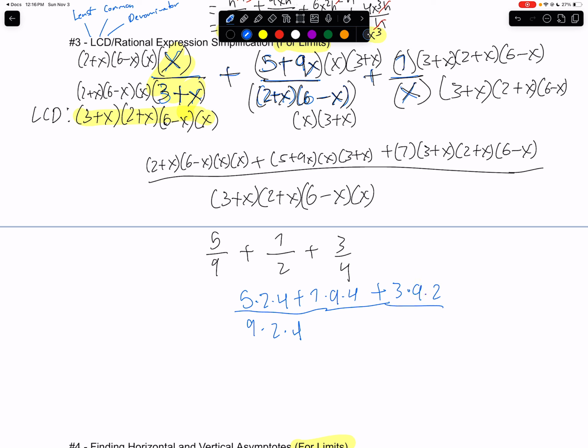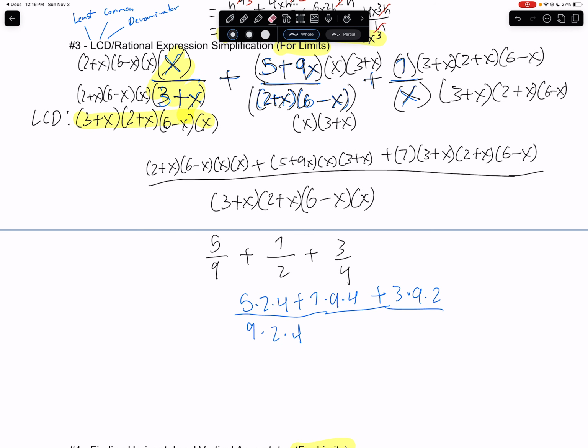It's the same type of process as if you were doing it without using algebra. You just have variables and you're applying the same process here.